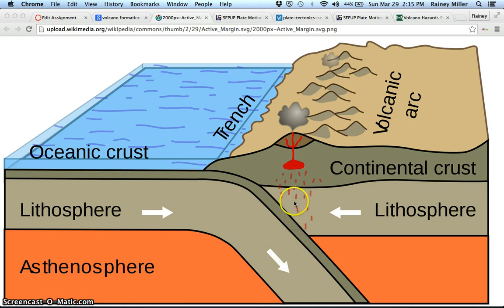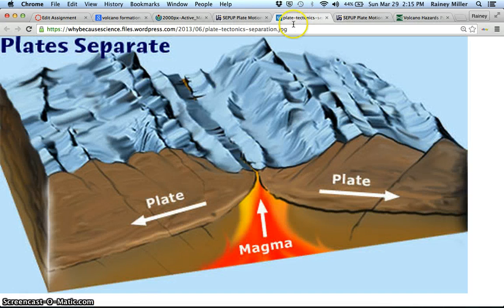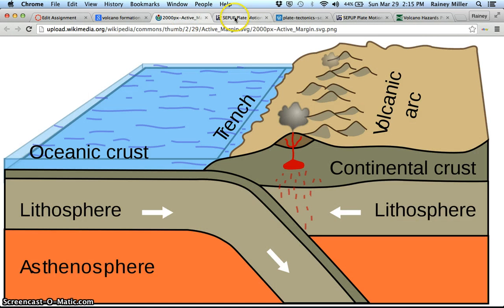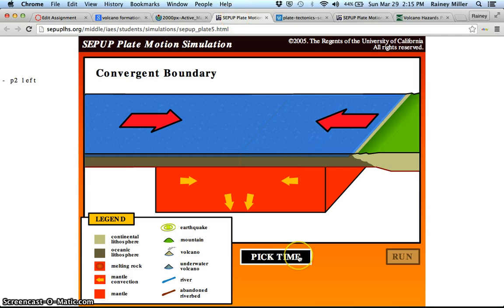So the magma starts actually working its way up to the surface, and it comes through at these different parts and builds up volcanoes. If I were to show you on our simulator, it would be closest probably to this one.